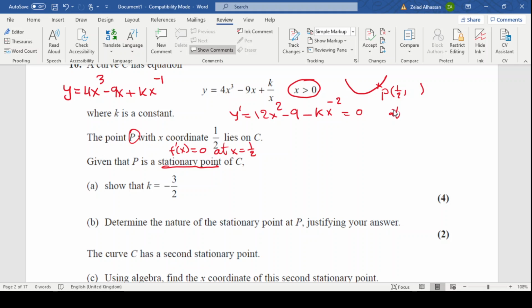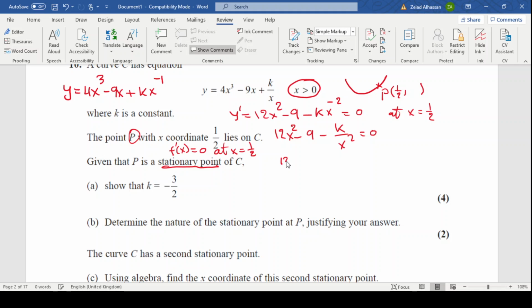So 12x squared minus 9 minus k over x squared is equal to 0. Substitute x equals half: 12 times half squared is 12 times 1 over 4, minus 9, minus k divided by half squared, that's 1 over 4, equals 0.